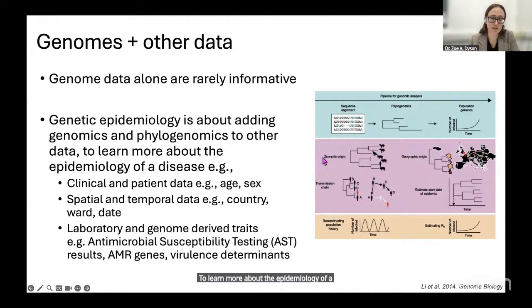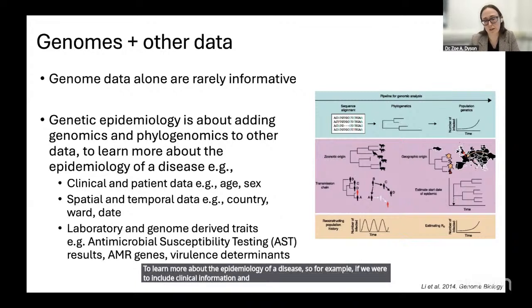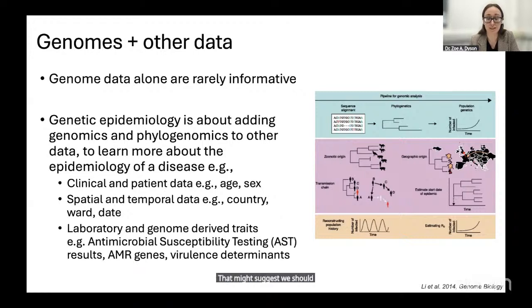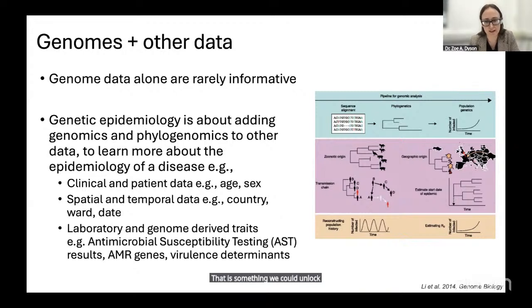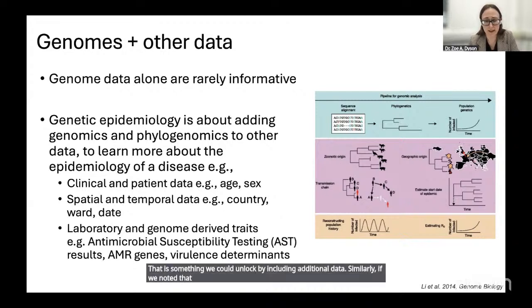So, for example, if we were to include clinical information and patient data, such as age or sex, we could understand if transmission is occurring more intensely among particular age groups. That might suggest we should target, for example, an intervention like a vaccine towards specific age groups. That is something we could unlock by including additional data. Similarly, if we noted that there was enhanced transmission among males or females, we could target specific interventions to those particular groups.